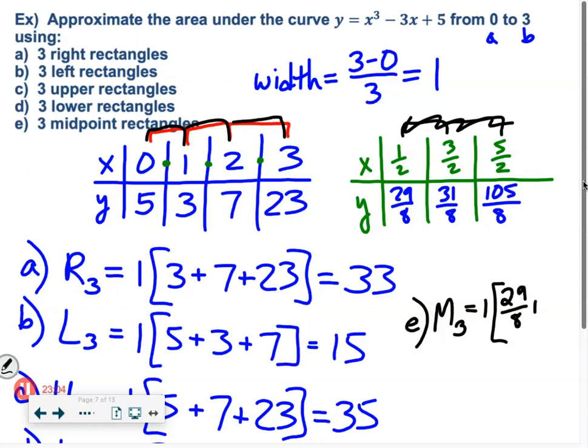So you have 29/8 plus 31/8 plus 105/8, and your answer is this plus this, which is, I think, 165/8.